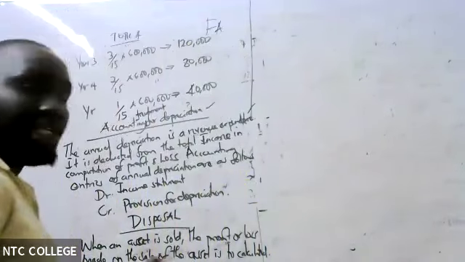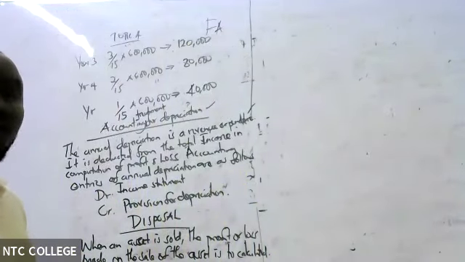So when it's a gain, it's a disposal gain. We know that disposal gain is an income, disposal loss is an expense.